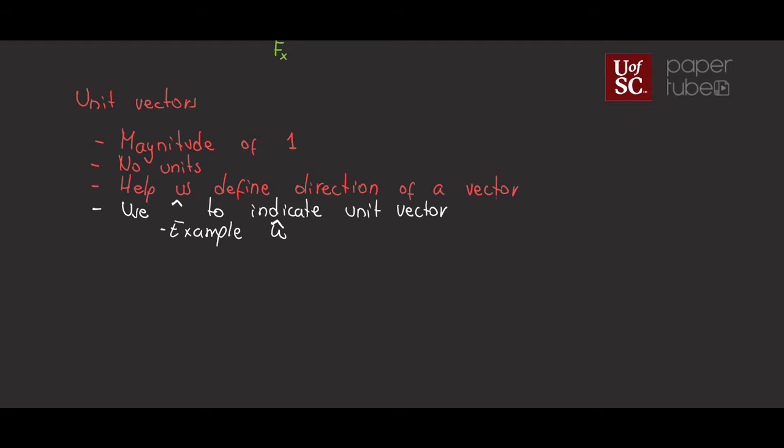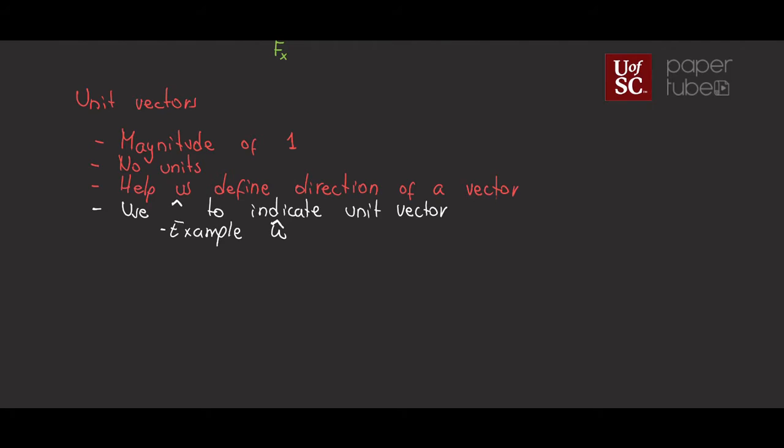Okay, very good. Now there are three unit vectors that are particularly of interest to us, and those are the unit vectors that we are going to define along the x, the y, and the z axes.